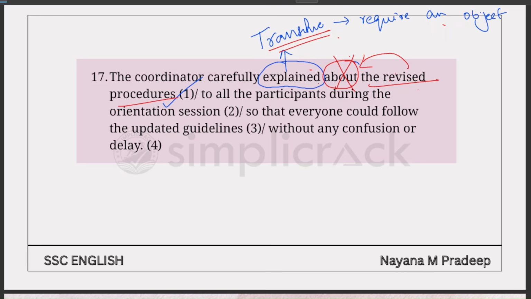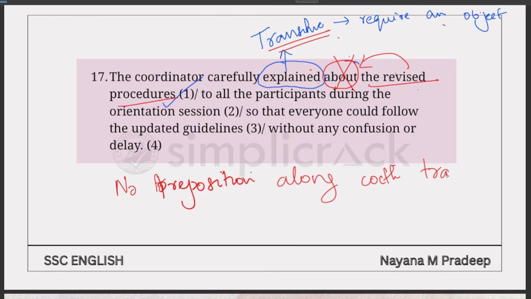Or you can simply understand it in this way. Transitive verbs will never take a preposition. No preposition along with transitive verbs.